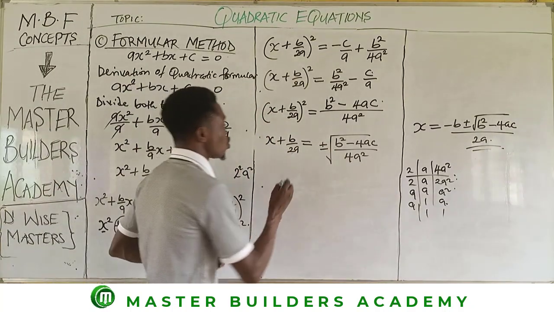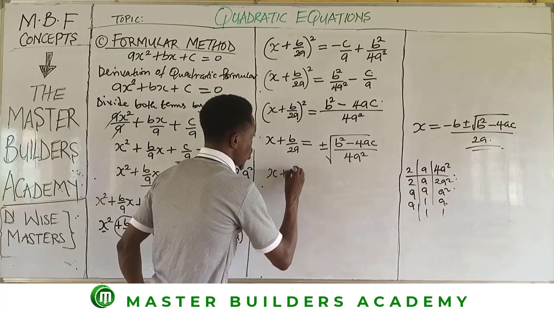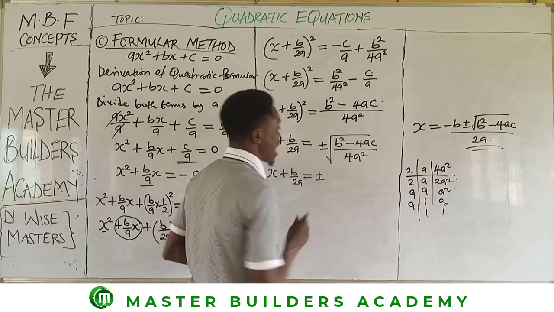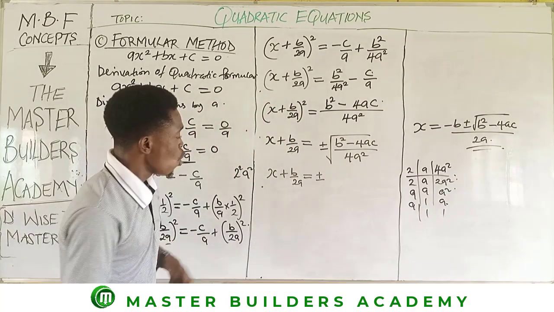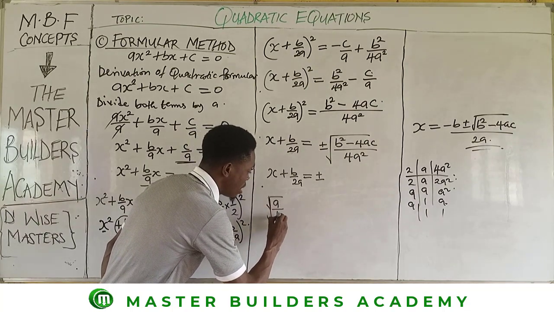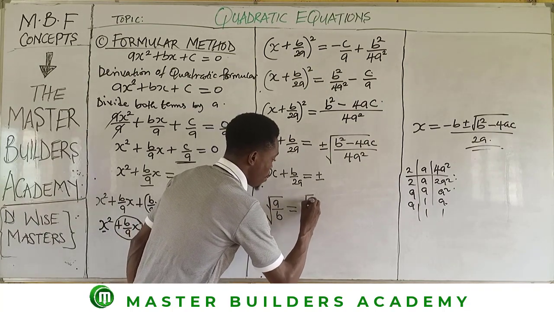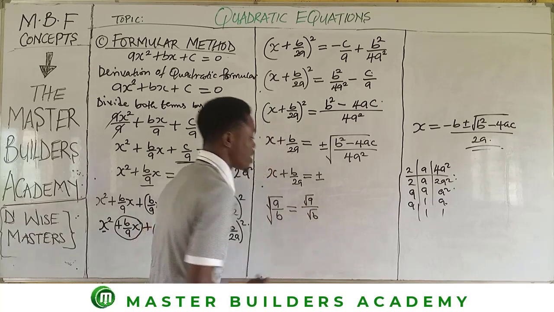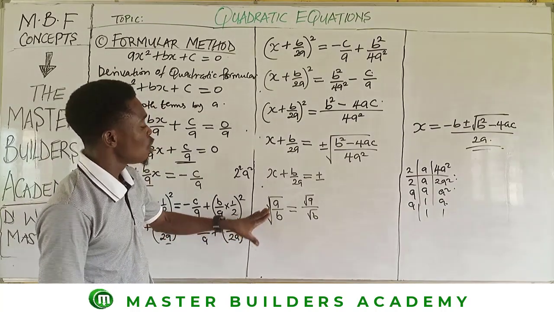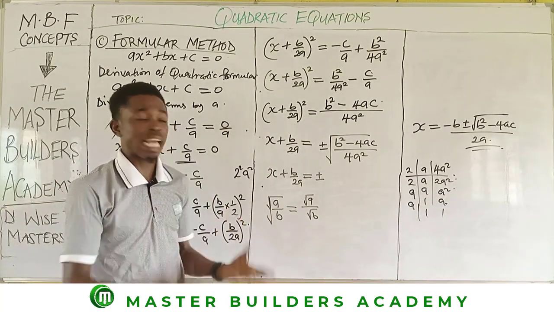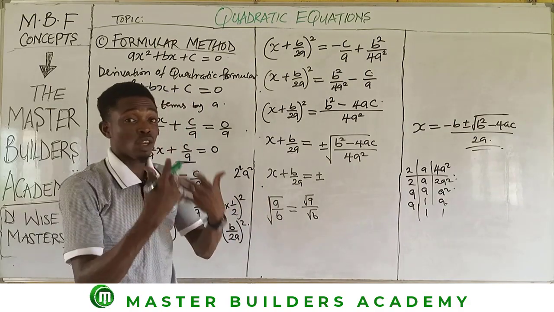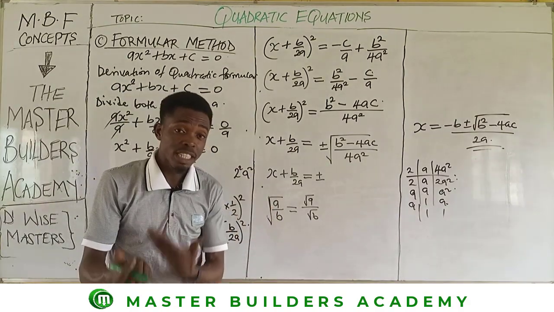Now, the next thing we are quickly going to do is to have this as x plus b over 2a. We are just going to be simplifying this expression, plus or minus. Guys, in short, we remember that if you have the square root of a over b, it is the same thing as root a over root b. Hope this is accepted. Yes, this is one of the laws of surd. That when you have fractions or multiple terms inside the square root and they are connected with a fractional form, or maybe they are connected with multiplication, you can share the square root for them.